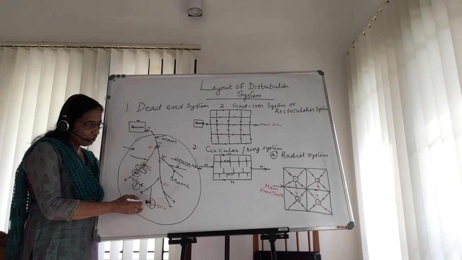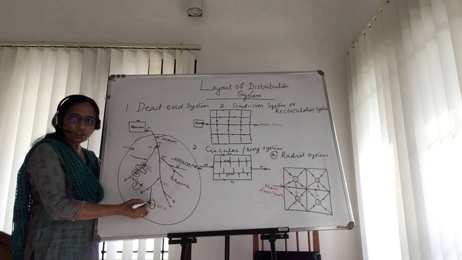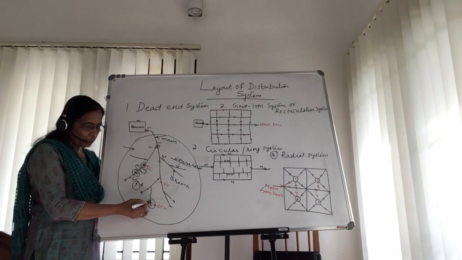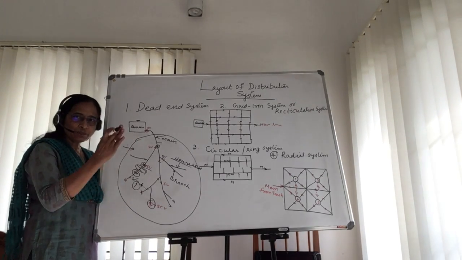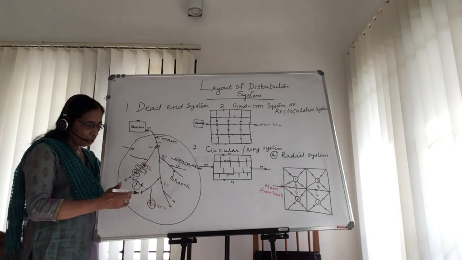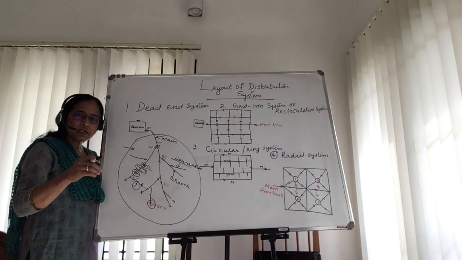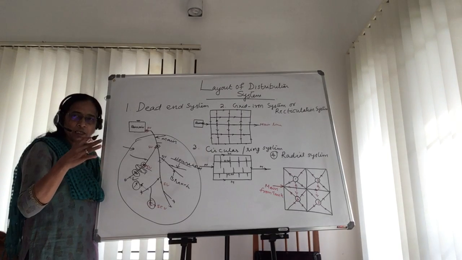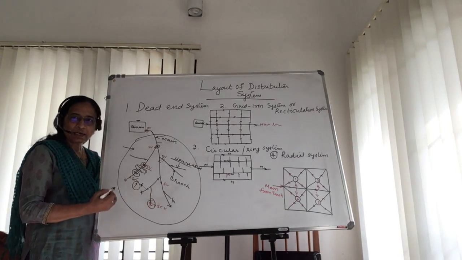This is the lowest point from the higher elevation to what is reached up to this point, and at this point there is no further connection. That means the end is plugged or closed. So all the debris and contamination, if it is there, will accumulate there. So that is the other disadvantage of the dead end system.